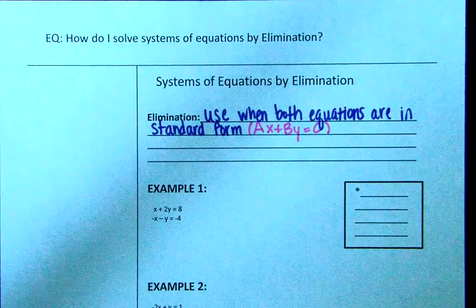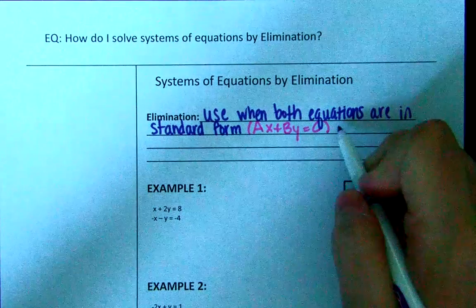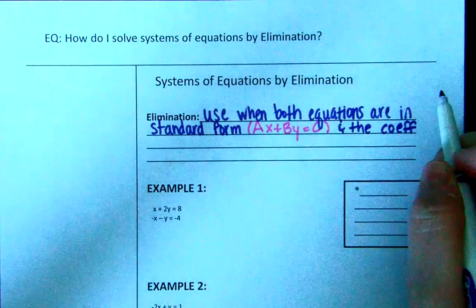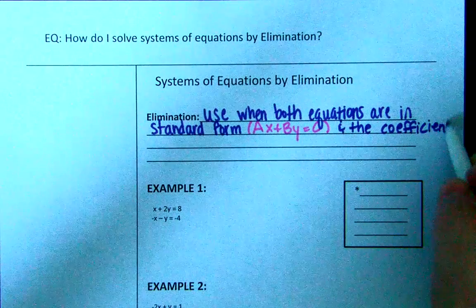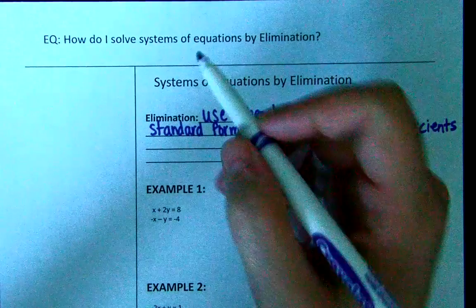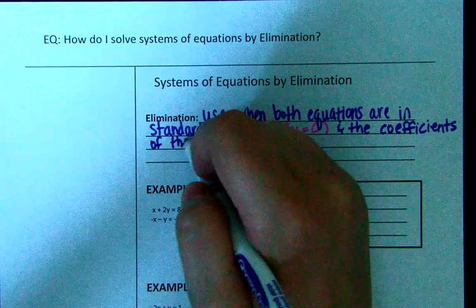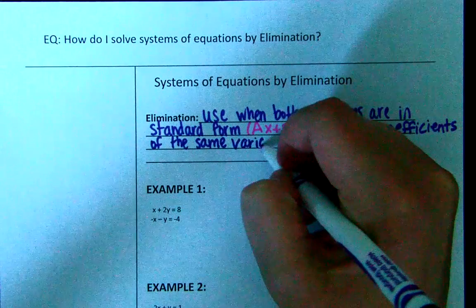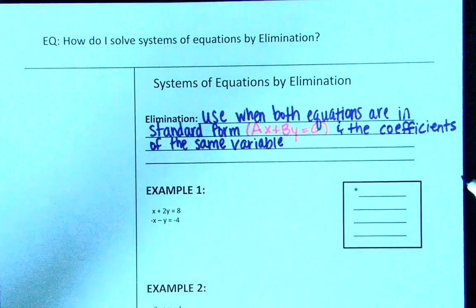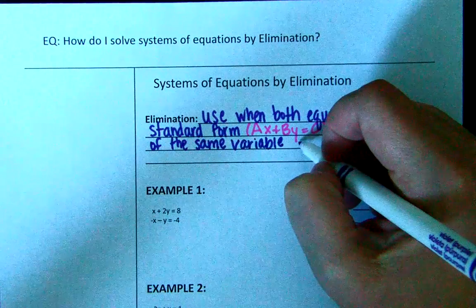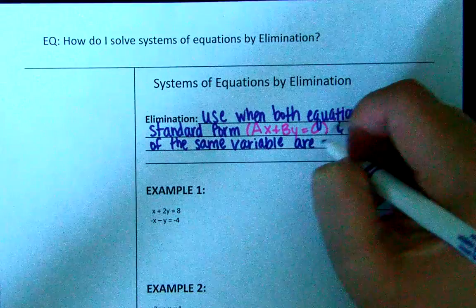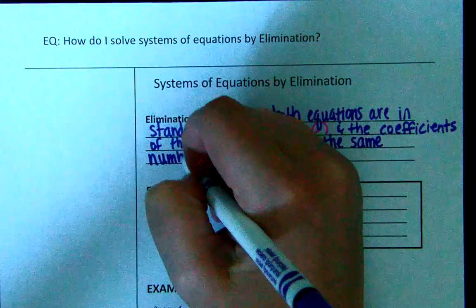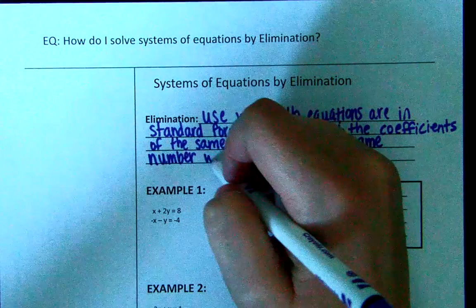So both of our equations have to be in standard form, and the coefficients of the same variable are the same number with opposite signs.